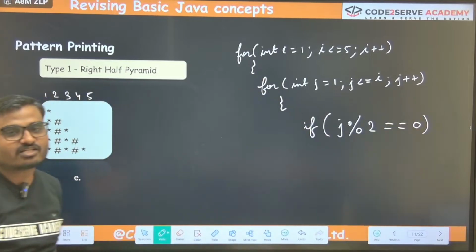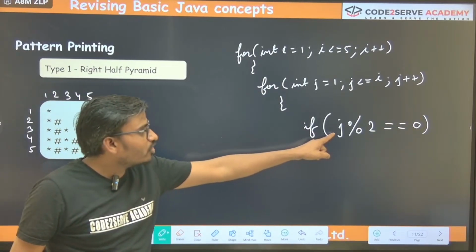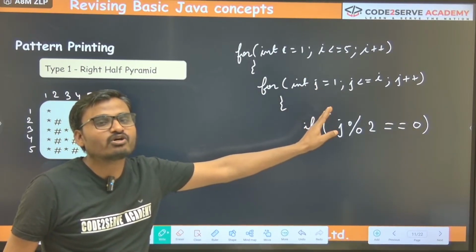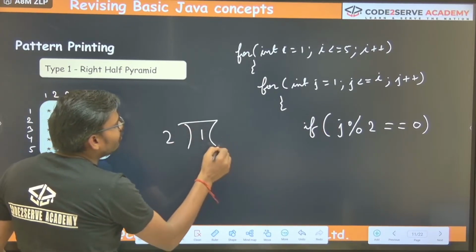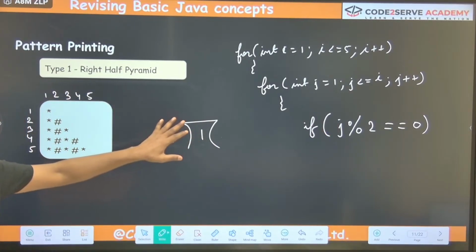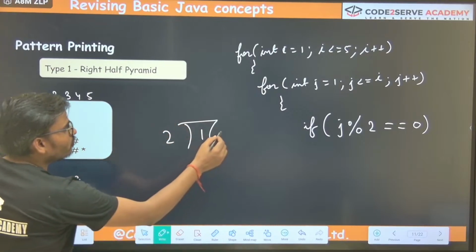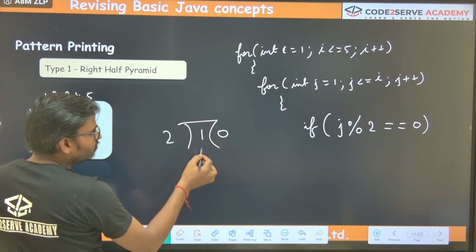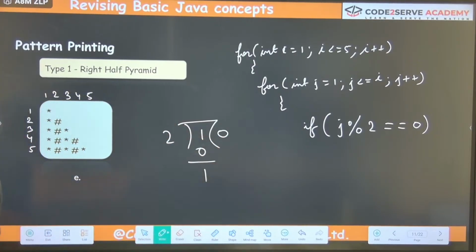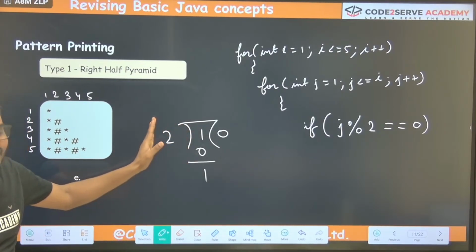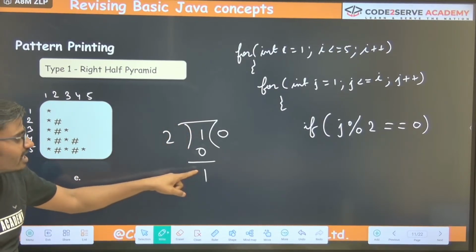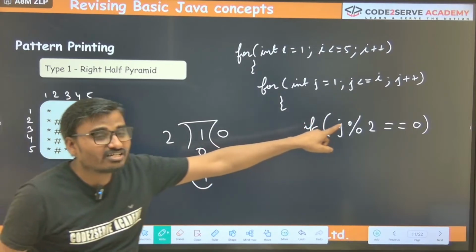If we write like this, what it means is, suppose the value of j was 1, we are trying to divide by 2. So what will happen? 2 zeros are 0. You will get 0 and the remainder will be 1. So when the value of j was 1 and we were trying to divide it by 2, that time we got 1, we didn't get 0.